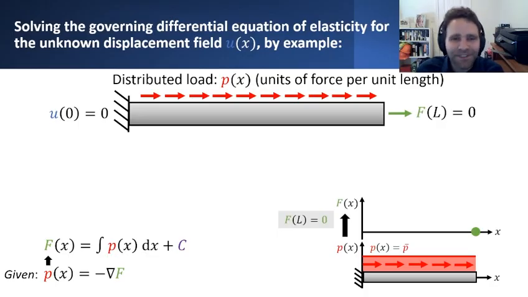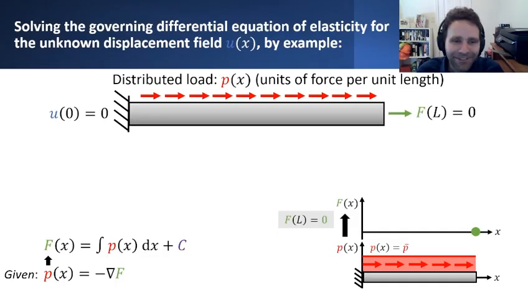Now, if we wanted to determine, given this applied external load, the resulting expression for the variation in the internal force throughout this entire member as a function of position, all we would need to do is take this differential equation and integrate it, because it's just a one-dimensional governing differential equation. We can integrate that with respect to x rather straightforwardly.